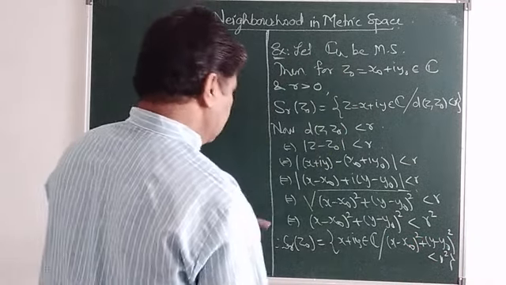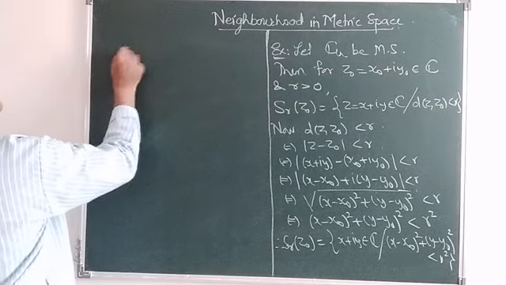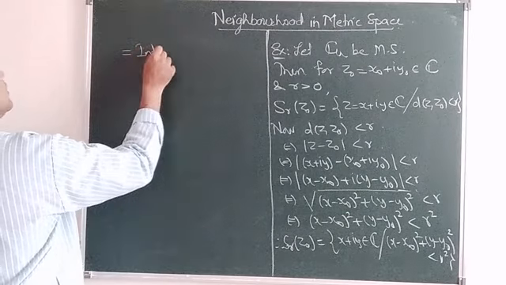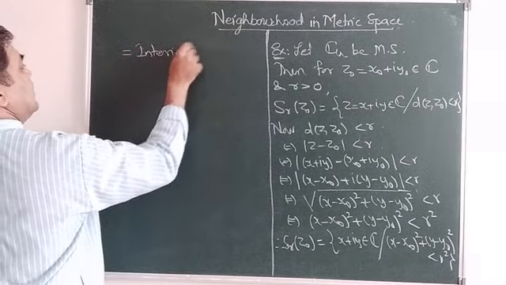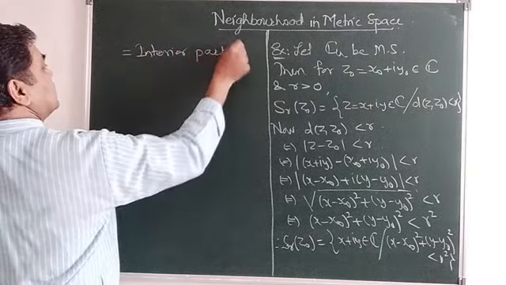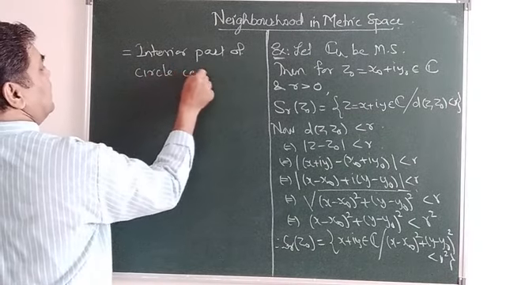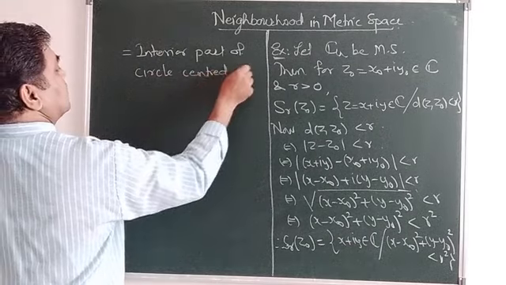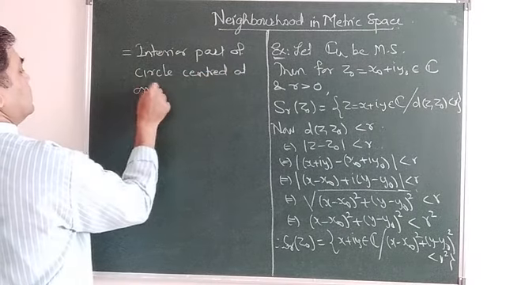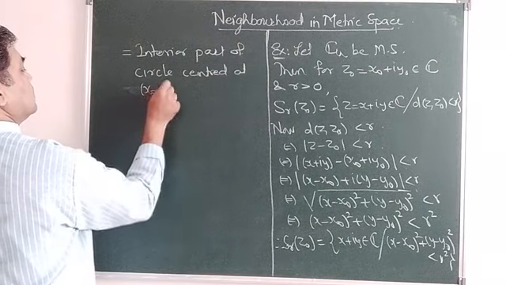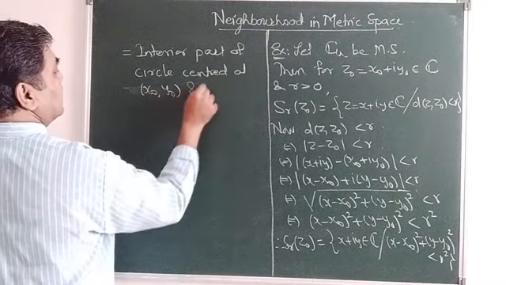This is nothing but the interior part of the circle with center at x naught, y naught and radius r.